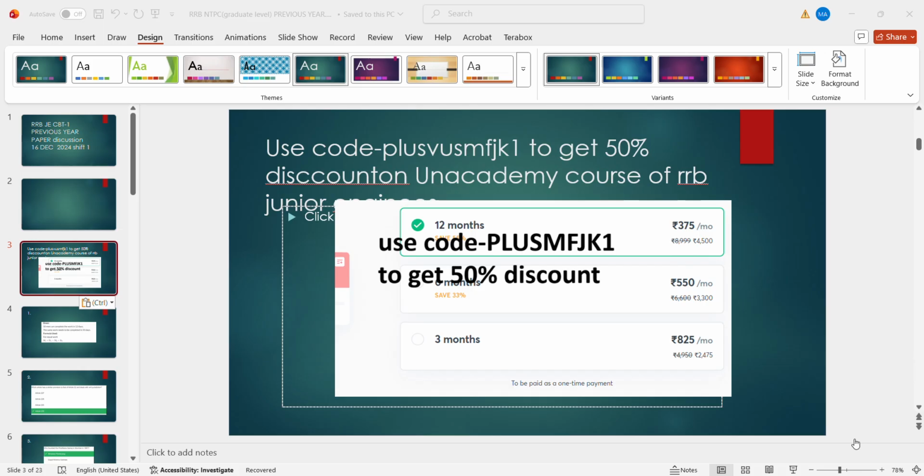Next, question number 4. There is a series given. We have to find the next number that is missing. The series is 17, 22, 37, 62, 97. Seeing the difference: 5, 15, 25, 35.